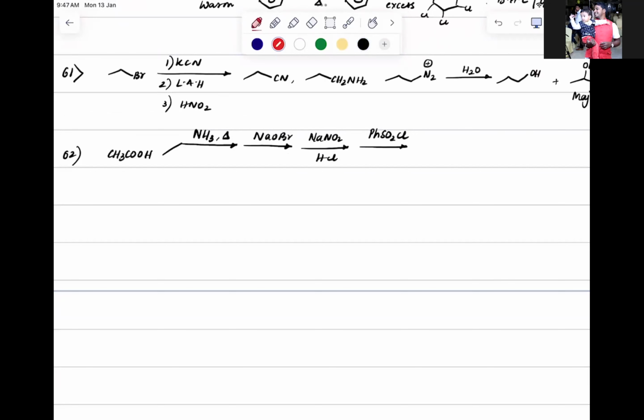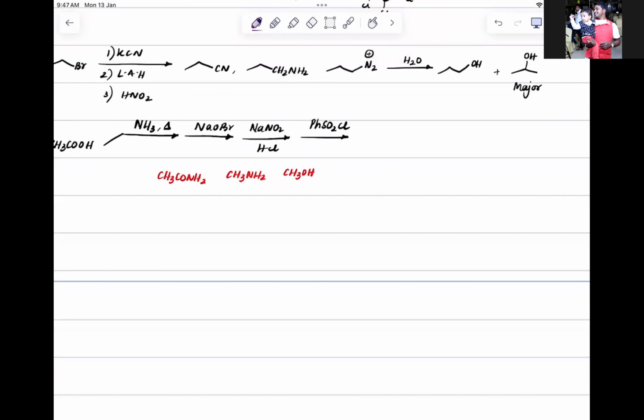See, first, what we are going to get is an amide, CONH2. Then Hoffmann bromamide degradation, CH3NH2. Then you will get alcohol, right, methanol. And lastly, the product here is PhSO2OCH3. So this is the final product.